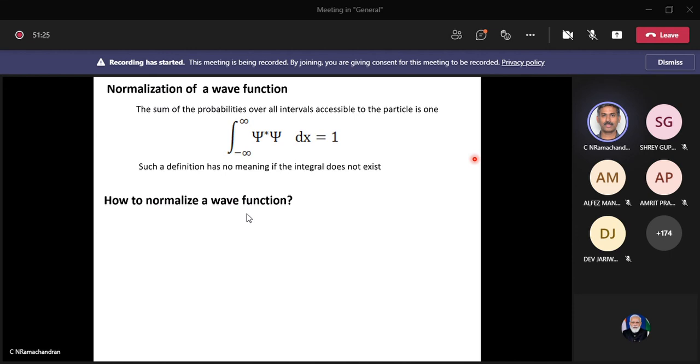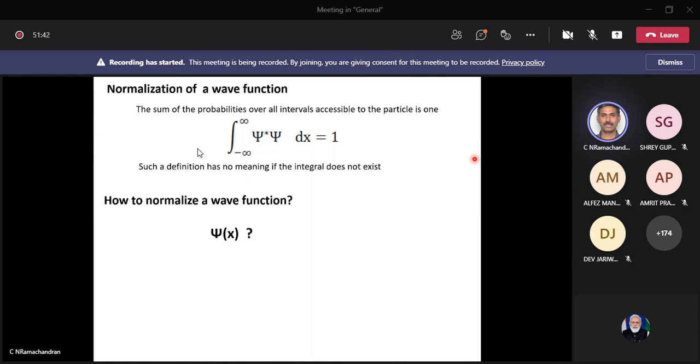Then the question is how to normalize a wave function. Why normalization is needed we will see later; now the question is how to do it.